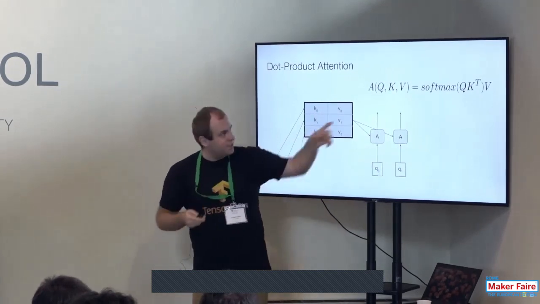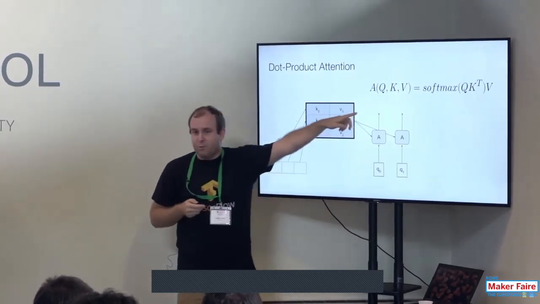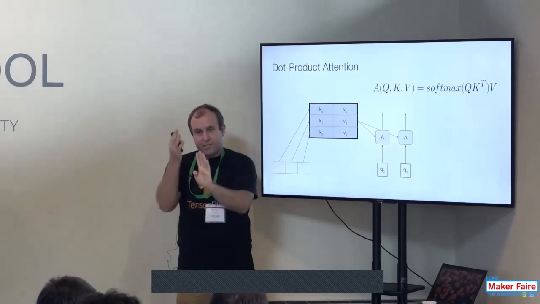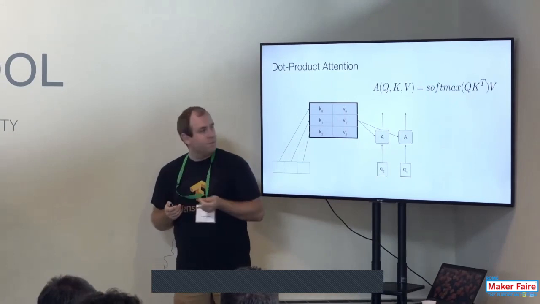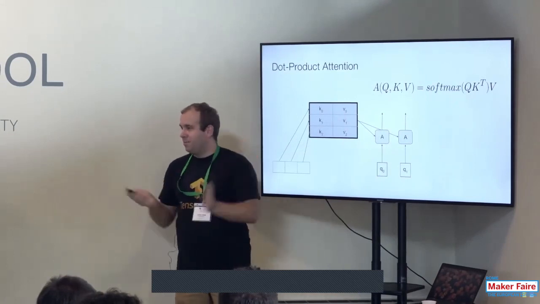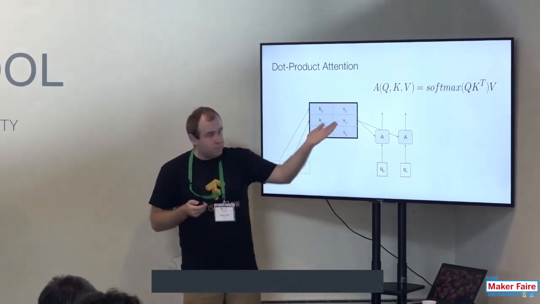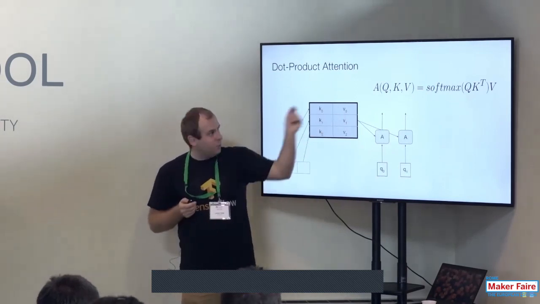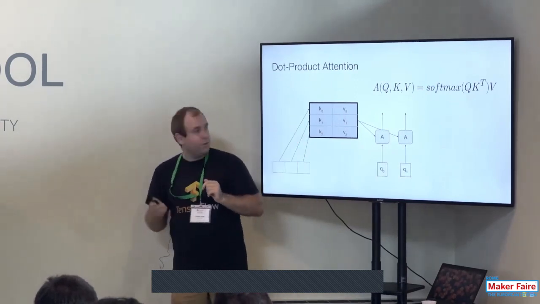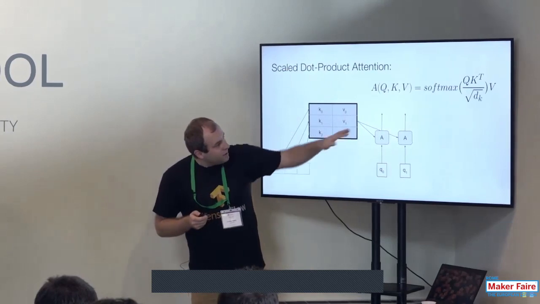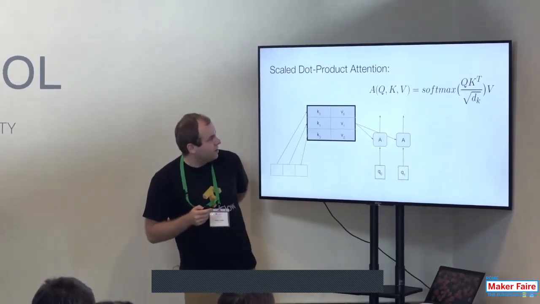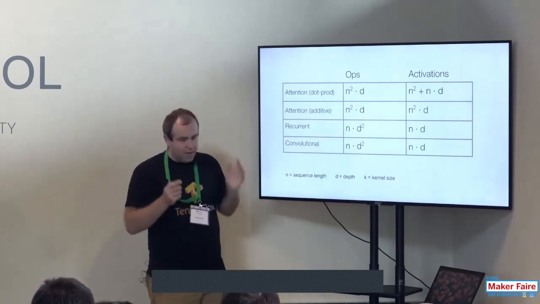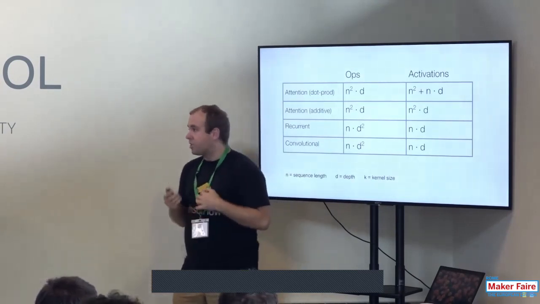And then this mask, you make a matrix multiply with the values, which is the same as summing over values multiplied by this mask. And there you are. You've retrieved what you want. You've done 2 matrix multiply and 1 softmax operation, which is very fast. Actually, you need to normalize it a little bit to train well, but that's a technical detail. And that's it. So how costly is it actually?